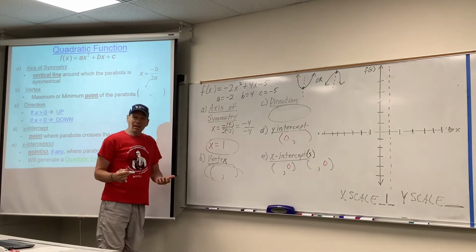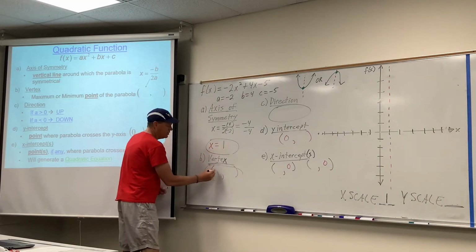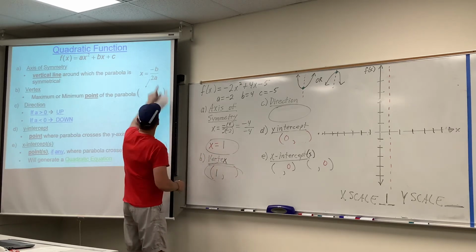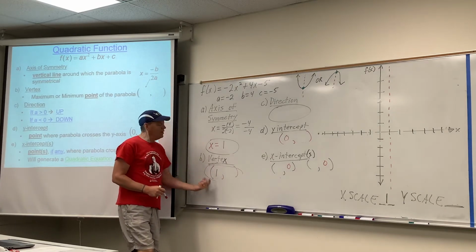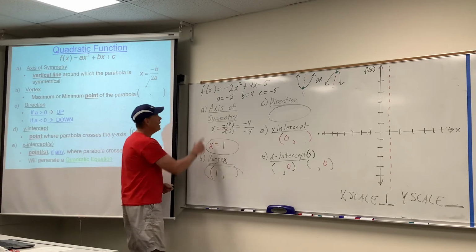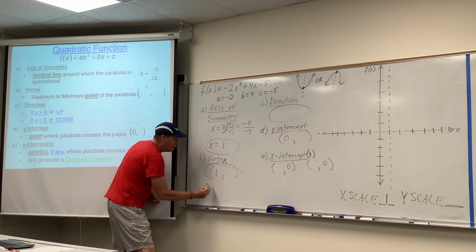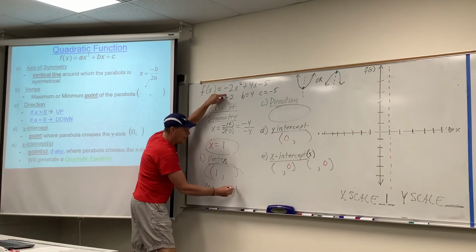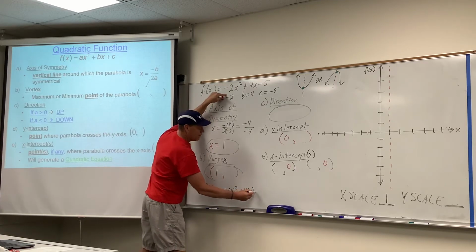So as we've seen on the previous 2 examples, once we have that value of x, that becomes the x-coordinate of our vertex. We put it right in there. This is an ordered pair, it's a point, parentheses, comma, 2 numbers, all right? And then we put 1 into the function, so f of 1 would equal -2 times 1 squared plus 4 times 1 minus 5.